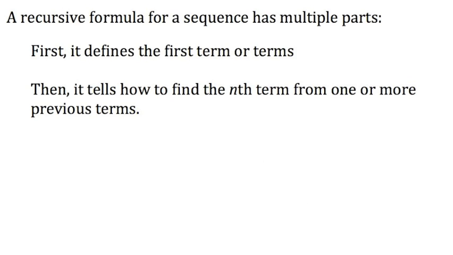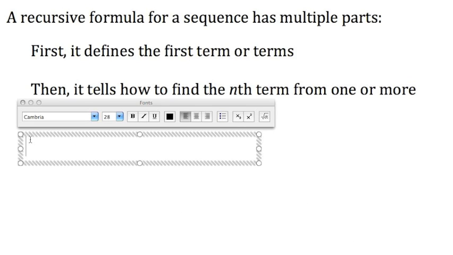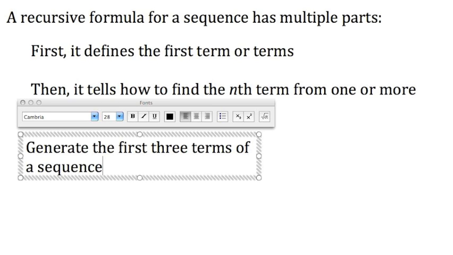Let's say that we want to generate the first couple terms of a sequence. I'll make it 3 terms of a sequence. Now, in a recursive formula, we have to do 2 things. The first thing we have to do is tell what the first term or terms are. In this case, we're just going to get the first term.